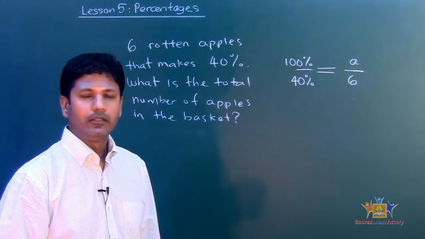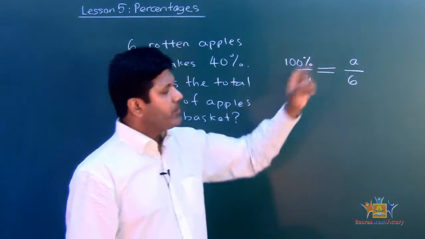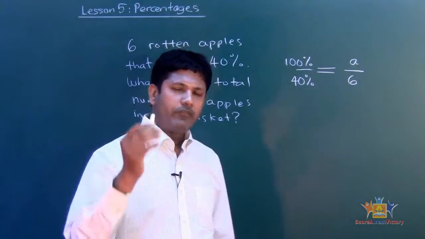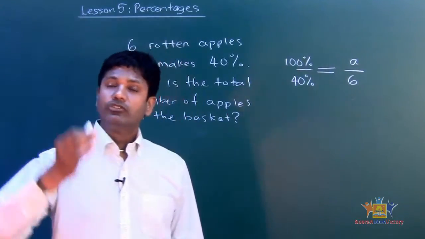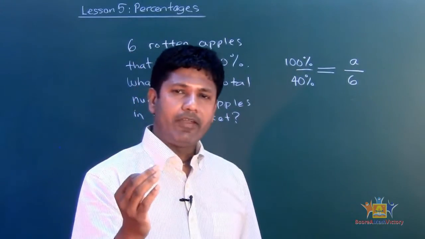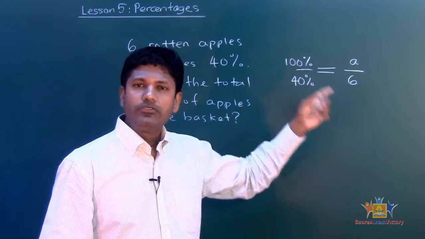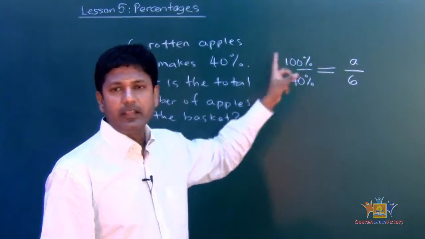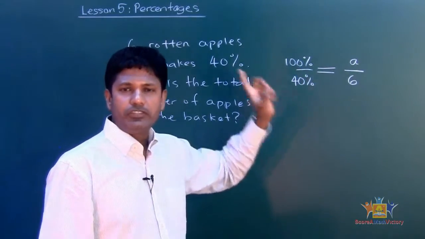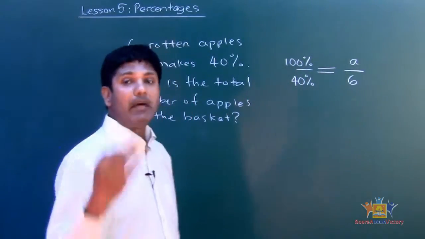See that? In order for me to find A, I have to isolate A. So what is holding A right now? 6. And what is 6 doing to A? It's dividing. So I have to move the 6 across the bridge, and division across the bridge becomes multiplication.